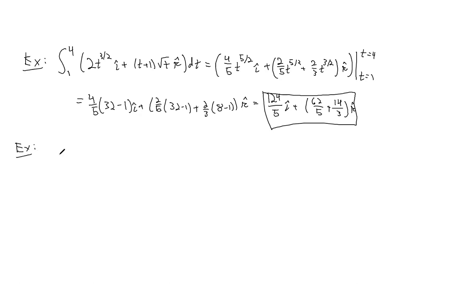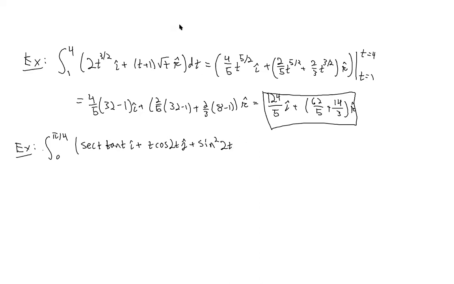What if we take the integral from 0 to pi/4 of secant t times tan of t I plus t cosine 2t j plus sine squared of 2t times cosine 2t.